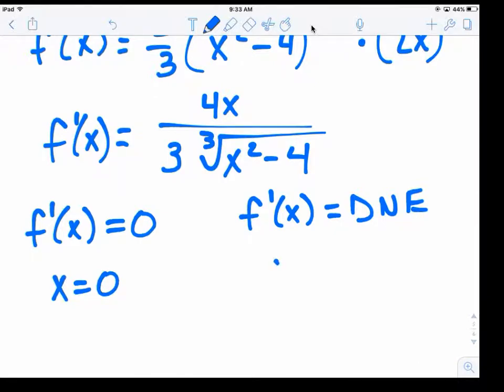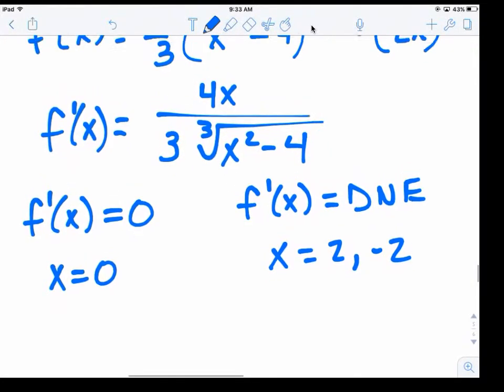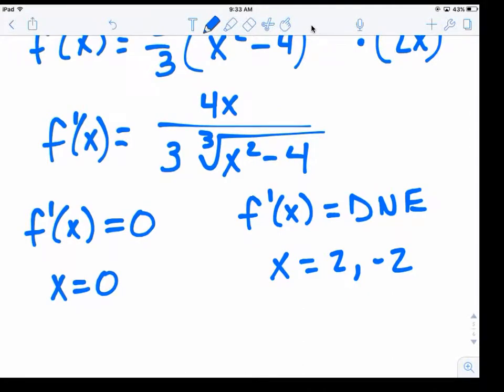Right, it would be 2 and negative 2. Okay. So if you have a rational expression, it doesn't exist when the top is equal to 0, right?